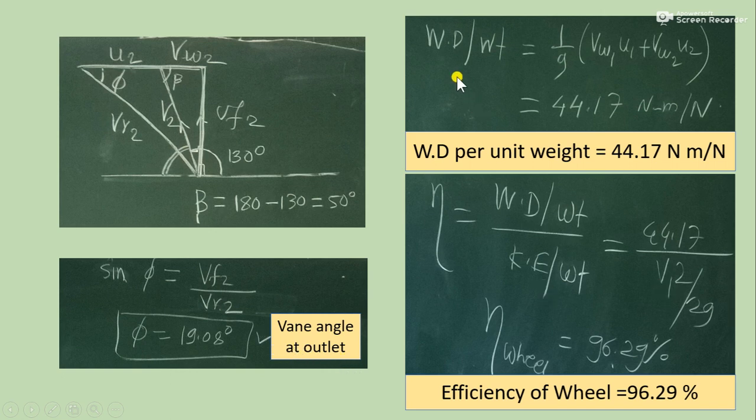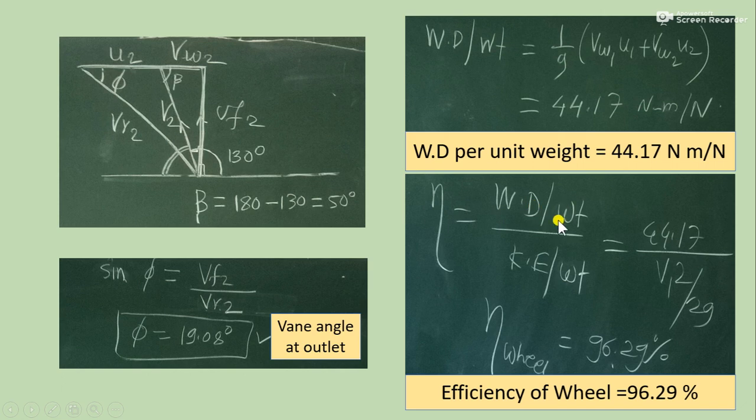Now work done per unit weight is equal to 1 upon g, bracket Vw1 u1 plus Vw2 u2. Putting all the velocities here, we get work done per unit weight, and its unit is Newton meter per Newton.